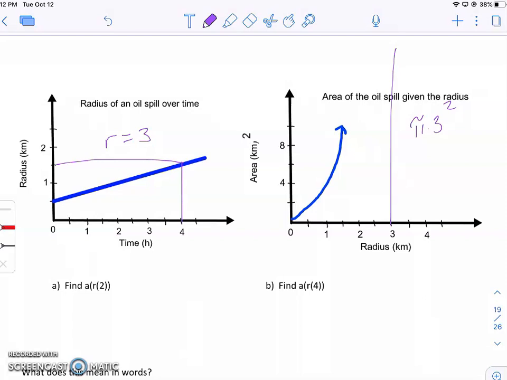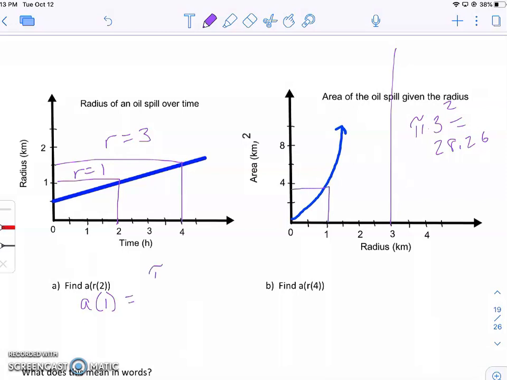So pi times 3 squared is 28.26. Now find the area with a radius of 2. If we go up to 2, our radius equals 1. So then we're finding the area with a radius of 1.